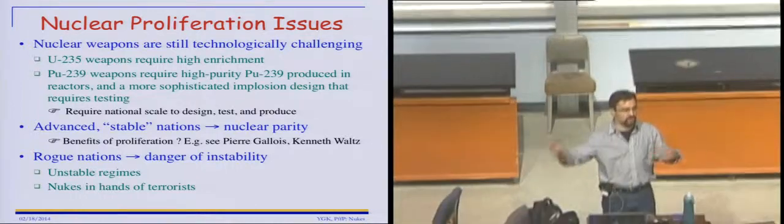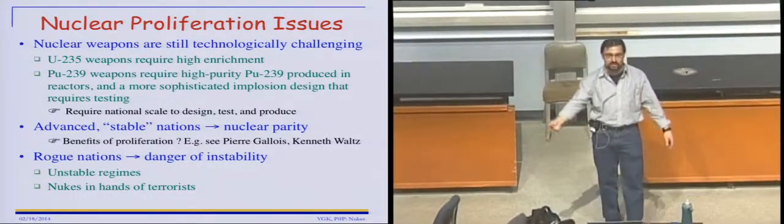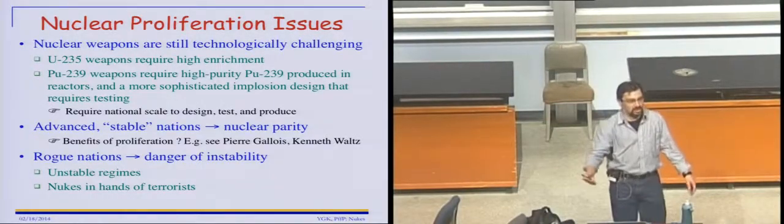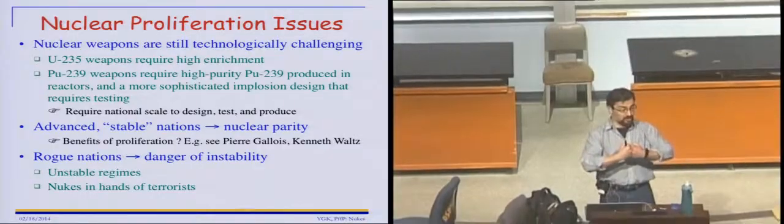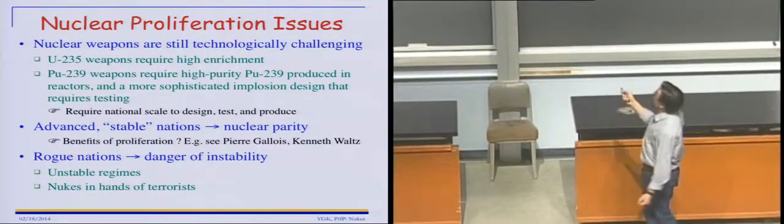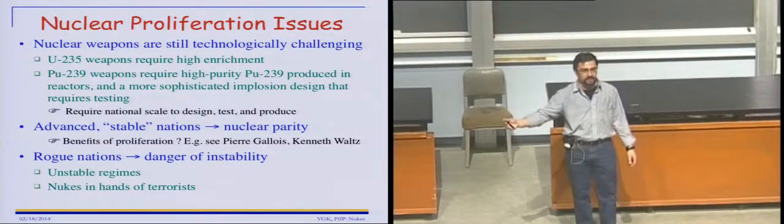Yes, the United States fought in Vietnam, and there were Soviet military advisors there. Yes, the Soviet Union fought in Afghanistan, and the United States supplied weapons to the Mujahideen, but there was no direct confrontation between the United States and Russia. And part of the reason is the 10,000 warheads on each side.